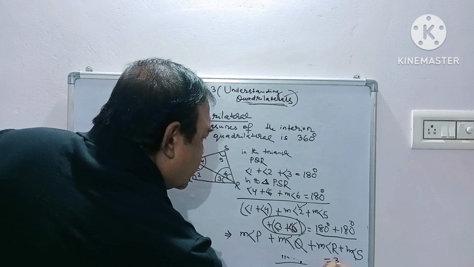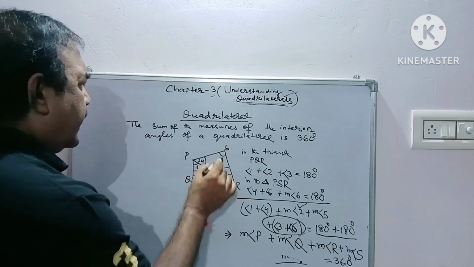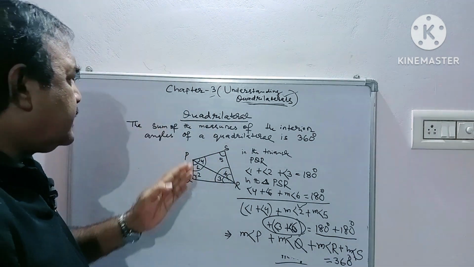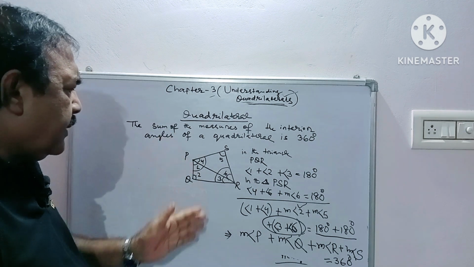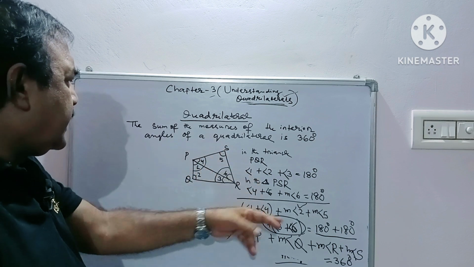That means that is 360 degrees. You see, P, Q, R, S are the four interior angles of this quadrilateral. So what you came to know is that the sum of the measures of the interior angles of a quadrilateral is 360 degrees.